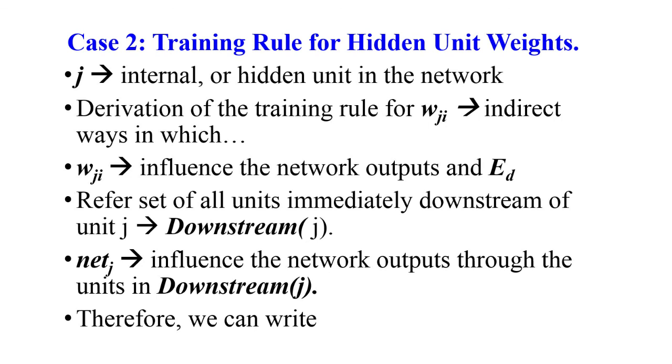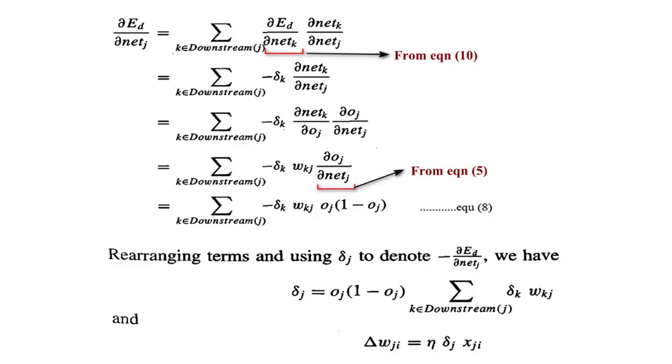Therefore, we can write the derivative of E_d with respect to net_j as the summation over all k belonging to Downstream(j) of the derivative of E_d with respect to net_k multiplied by the derivative of net_k with respect to net_j.